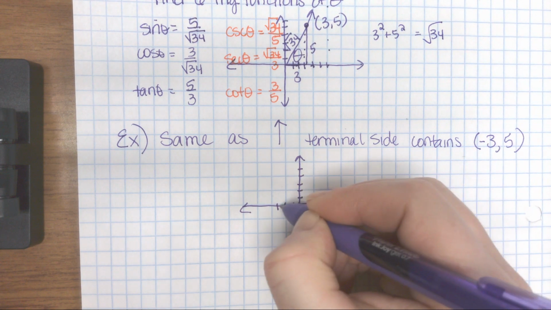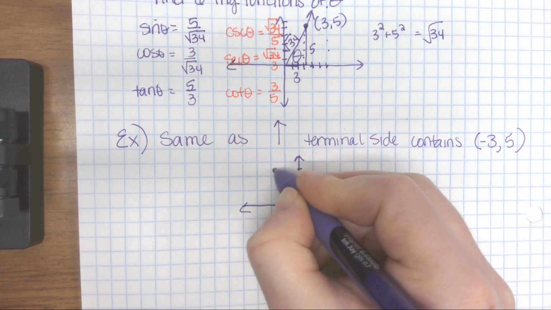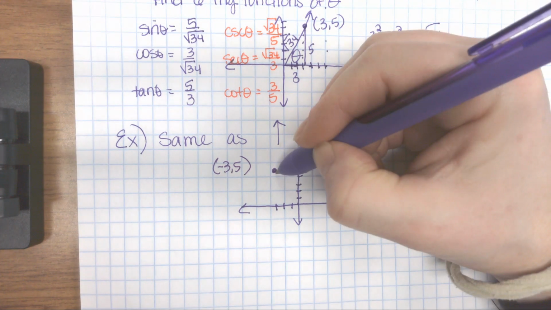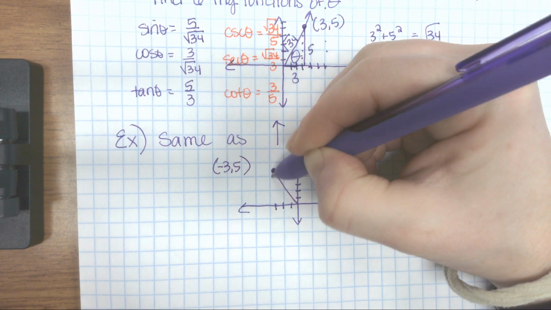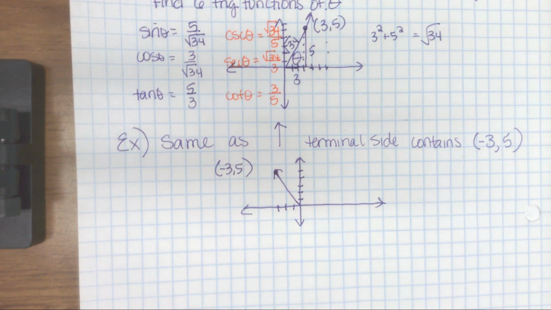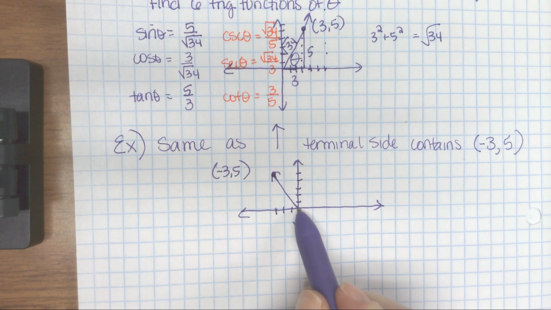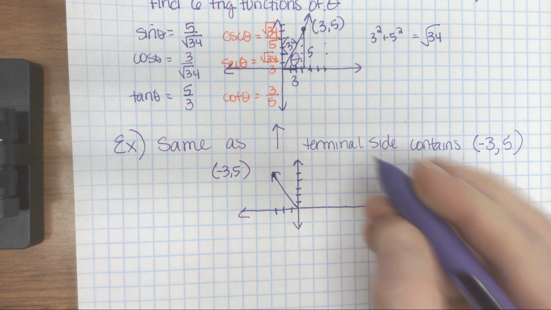So this time, (-3, 5) is right here. Okay, now this is where people get confused. Are you ready? You all agree that that would be (-3, 5)? This angle did start here and it rotated around to here.